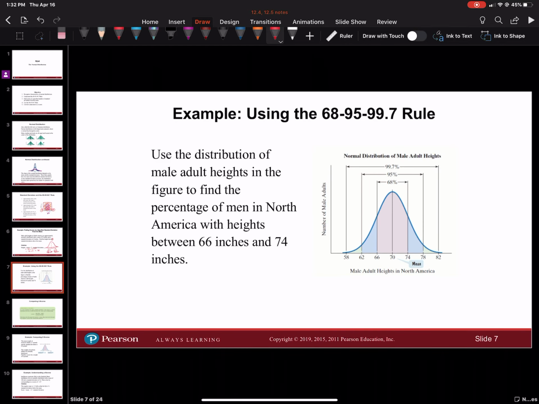So let's look. It says use the distribution of male adults' height in the figure to find the percentage of men in North America with heights between 66 and 74 inches. So now we're talking about from 66 to 74.